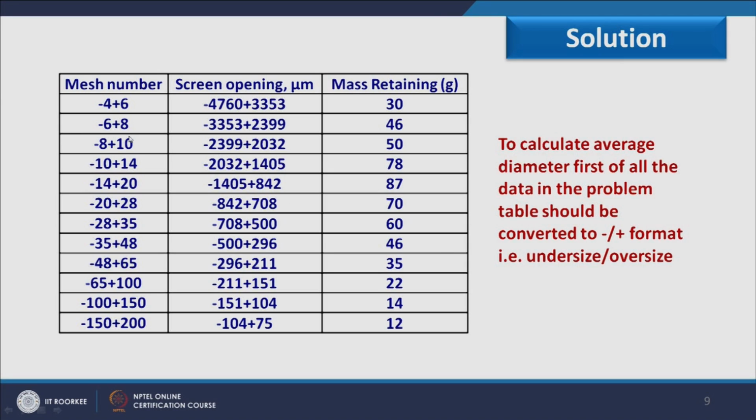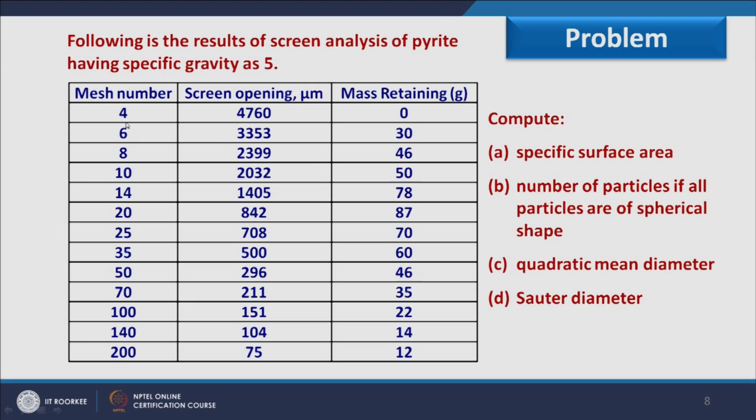If I consider the first one, here I have -4 plus 6, which means the material that passed the 4th screen and was retained on the 6th screen is 30 gram. If you remember the previous slide, corresponding to 4 we have 0 mass retained, which means nothing is retained on the 4th mesh screen.